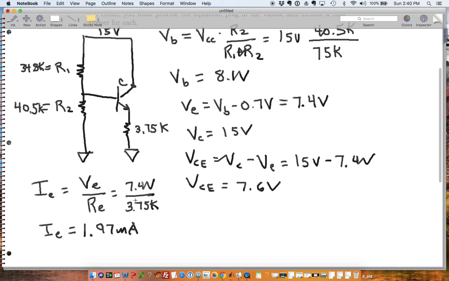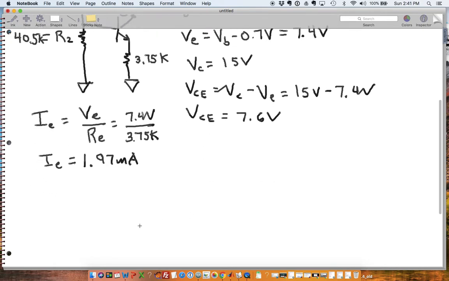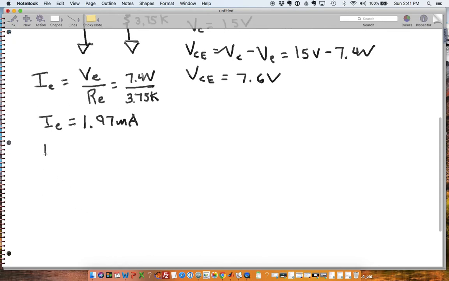So I have my IE, so now I can calculate my IB. Let's erase this. We'll use the fact that my emitter current is equal to my base current plus my collector current. And I also know my collector current, IC is equal to beta times IB. So I'm going to plug this in.